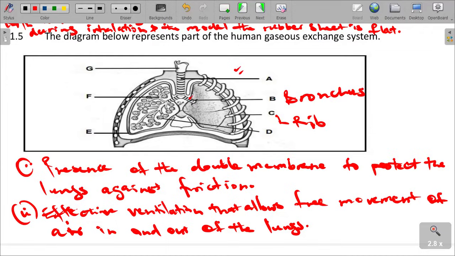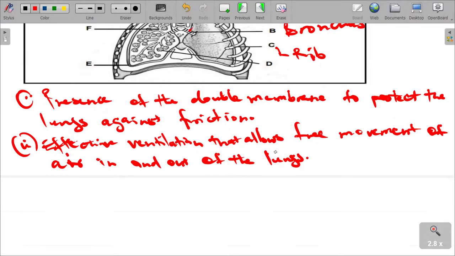We also have the large surface area that you can see there. Many alveoli are present to increase the surface area for gaseous exchange.